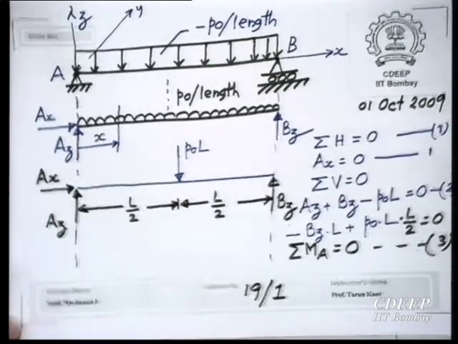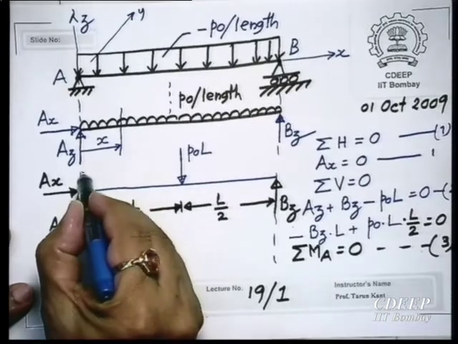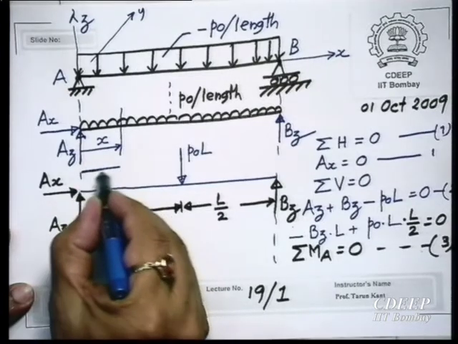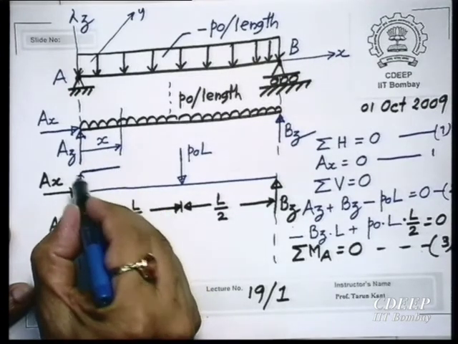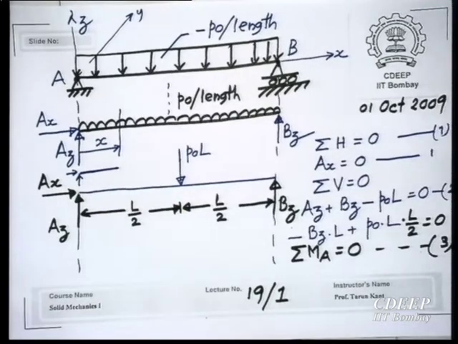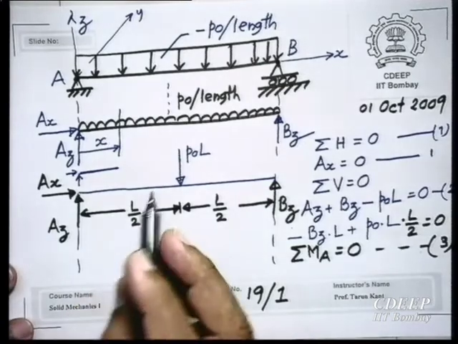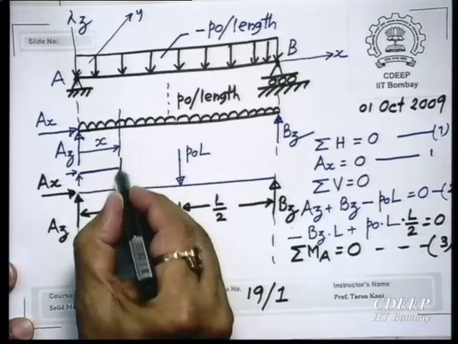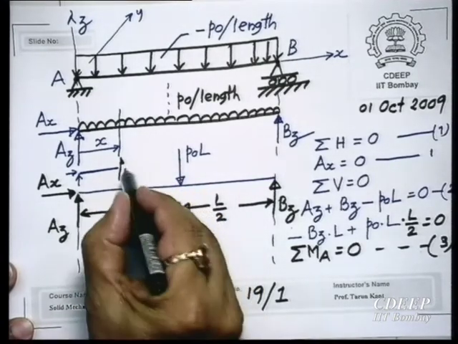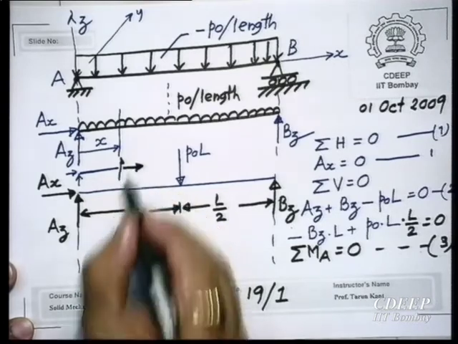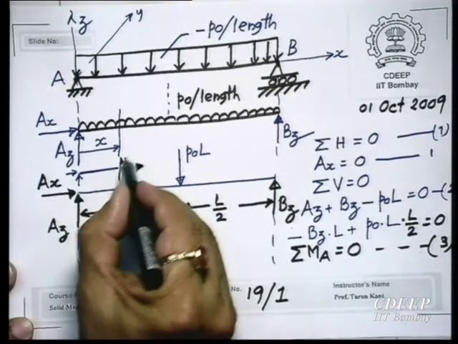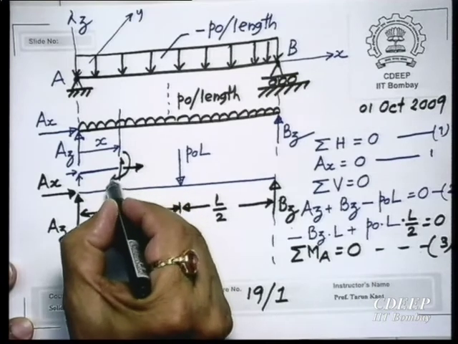At any cross section x, I must draw my free body diagram, and that free body diagram at any cross section, what are the positive, if I cut it, so then the positive shear force is like this, positive axial force is like this, and positive moment is like this.